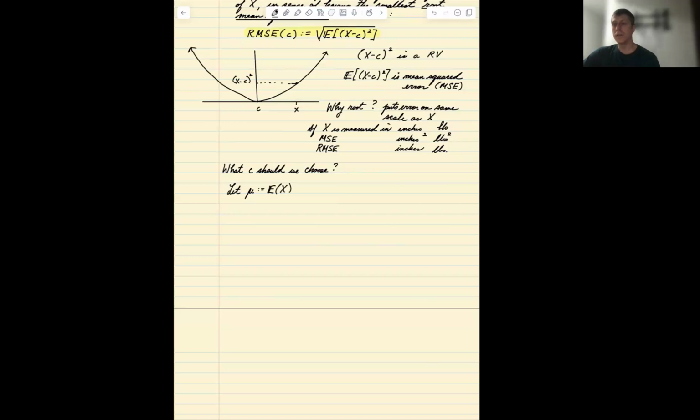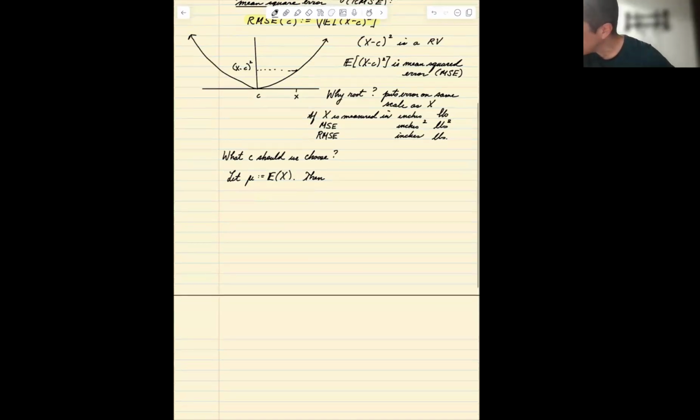Mu, the Greek letter for M, is often used for the mean. So we've talked about mean and expectation. They're the same thing. And we do it here for simplicity because E of X just takes up a lot of space when we're trying to write this.